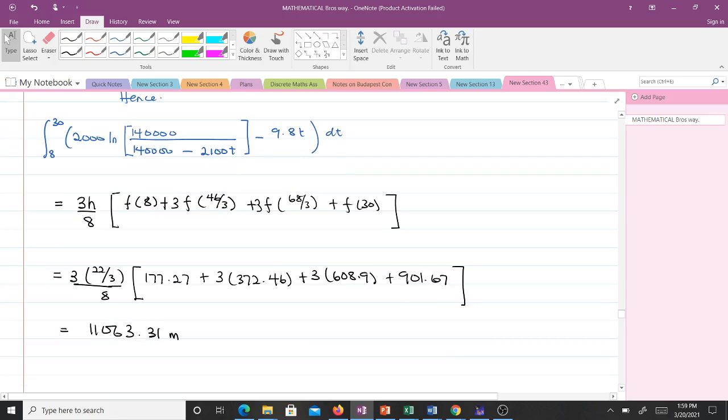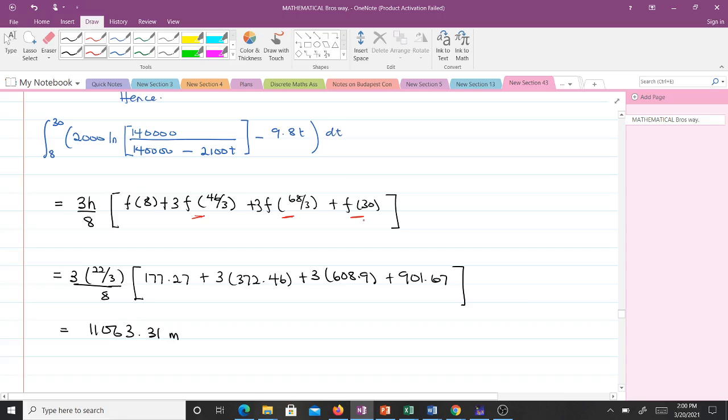Evaluate it. So we have the integral of the whole of this being approximated using Simpson's 3/8 rule. That is given by 3h over 8. F of x0 is f of 8 because x0 is 8. Then plus 3 f of 46 over 3 plus this and plus that.